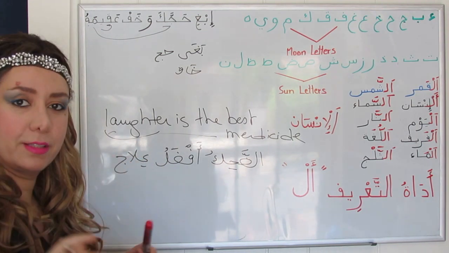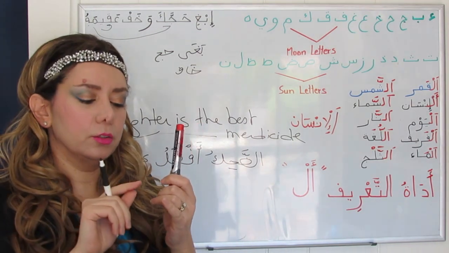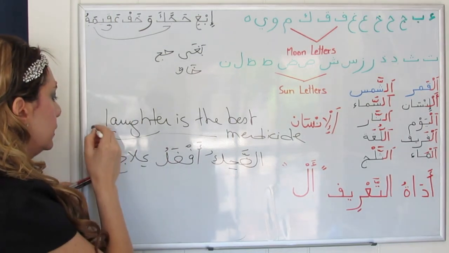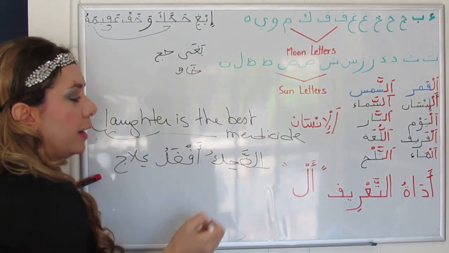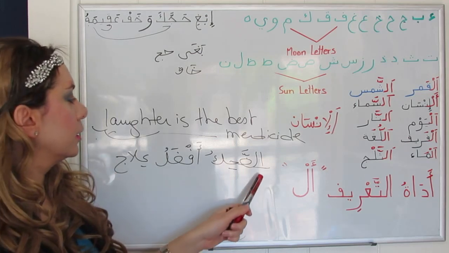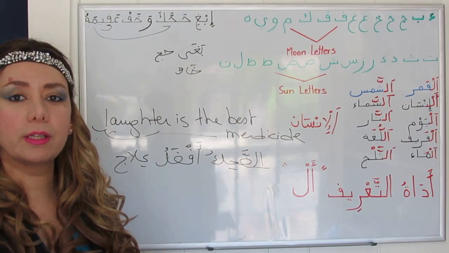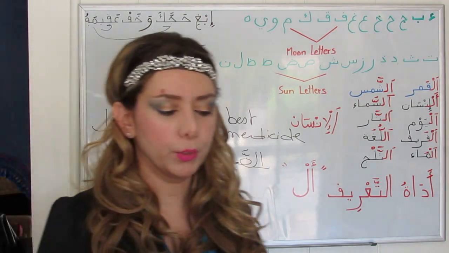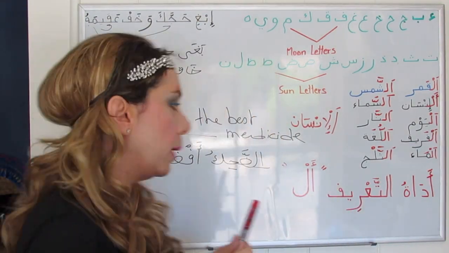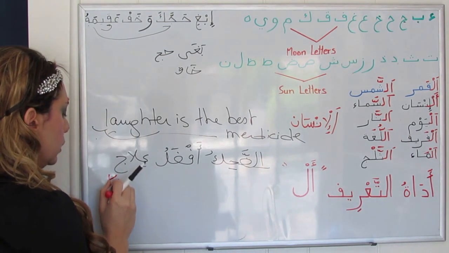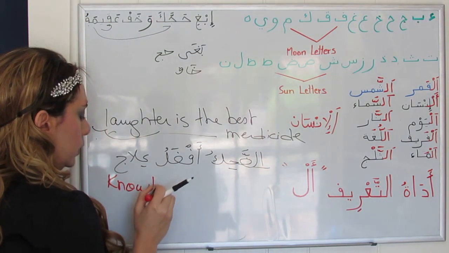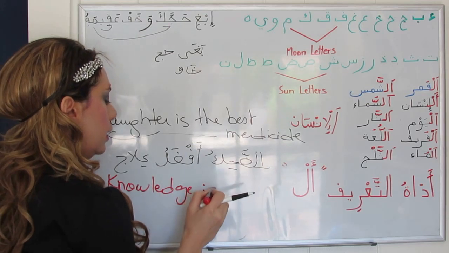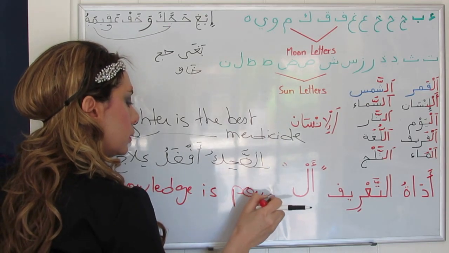So when you don't see the definite article or the indefinite article in a sentence, know that you will have to use the definite article in your translation. So laughter, الضحك. Or knowledge is power. Knowledge, we don't say the knowledge. Knowledge is power.